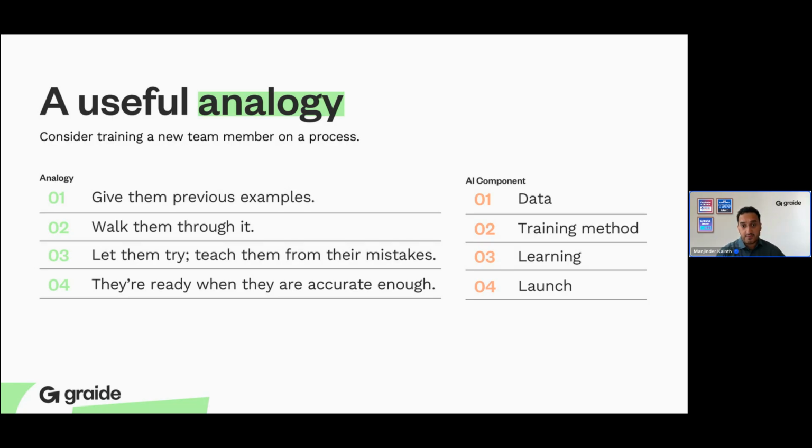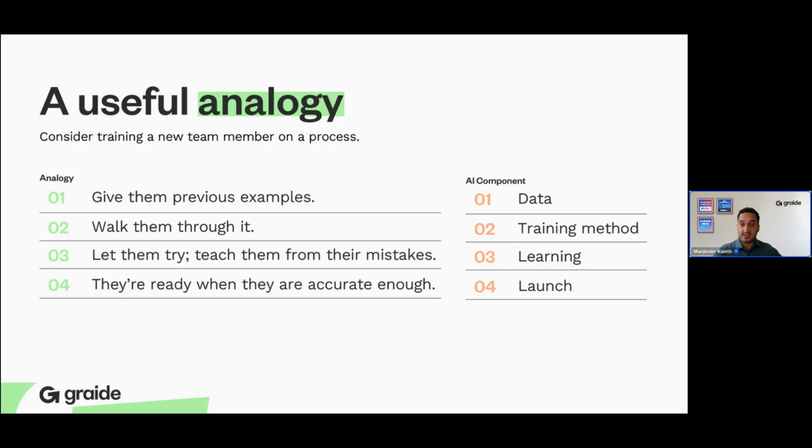So off the back of that, we can use this to map an analogy onto AI. Those previous examples that I talked about are the data in these systems. How we walk them through it is the training method. For example, we could use an SOP, right, and walk them through a detailed process, a standard operating procedure, to tell them how to do that work.